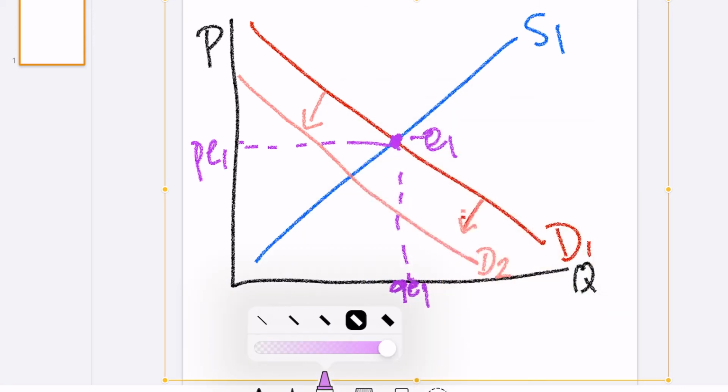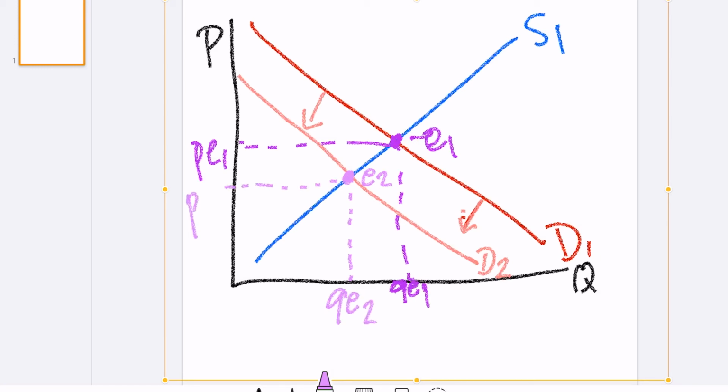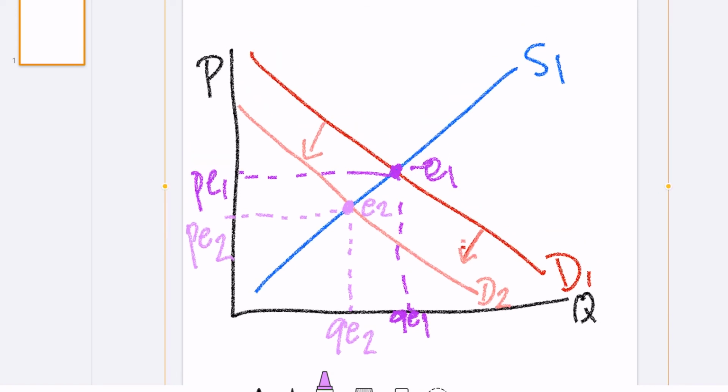Where S1 meets D2, we're going to call it E2. We're going to follow this dotted line, call it QE2, and then follow this over here, and we have price equilibrium 2. So this is a decrease in demand.